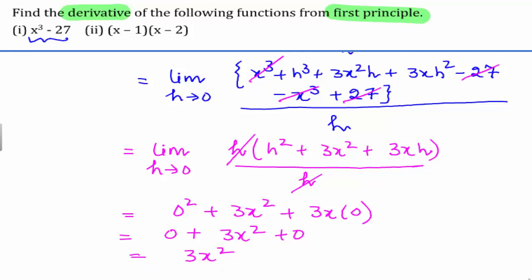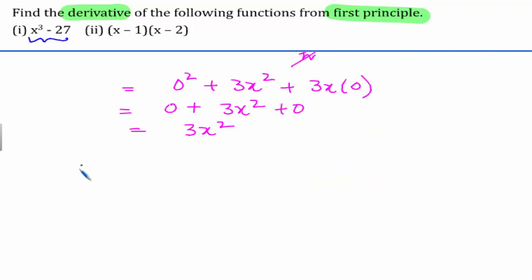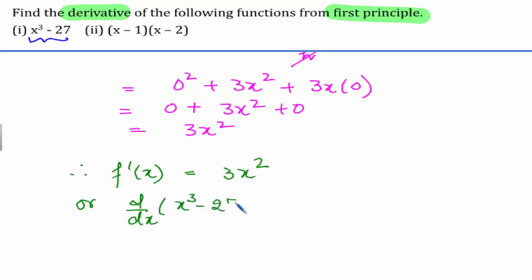Therefore, the derivative of the function f(x) is 3x square. Or we can also write that the derivative of the given function x cube minus 27 is equal to 3x square.